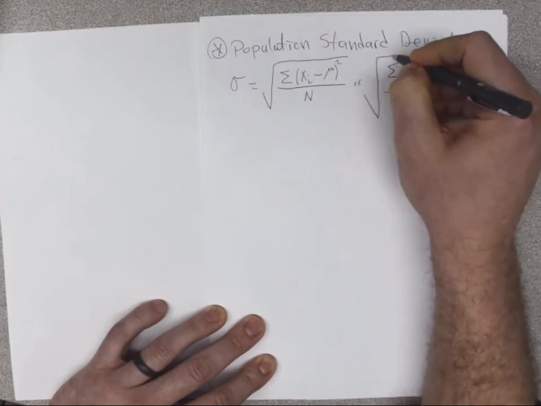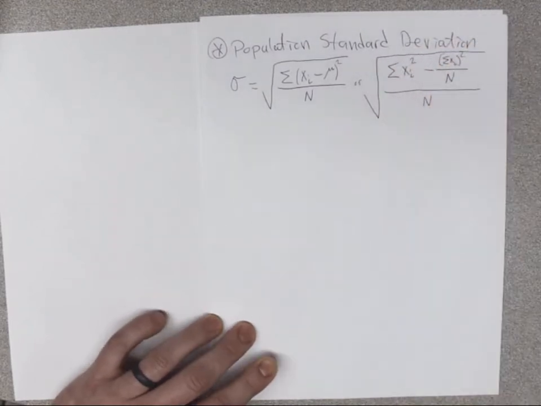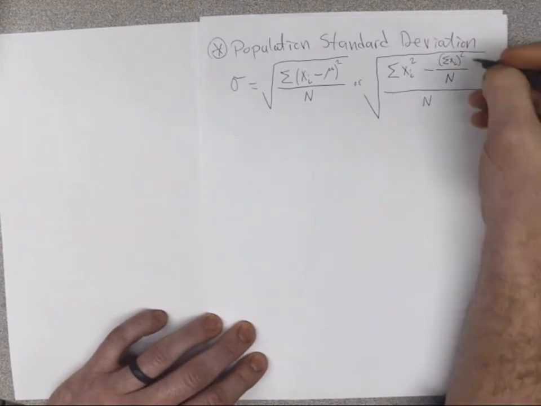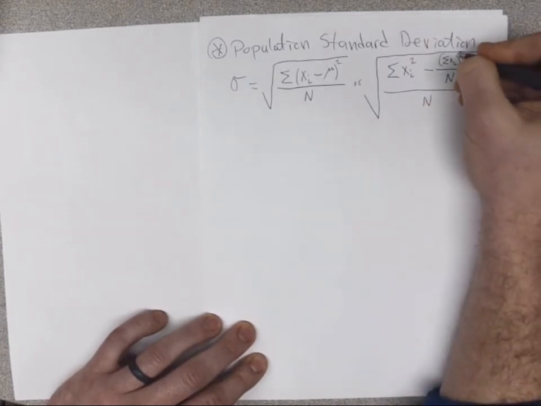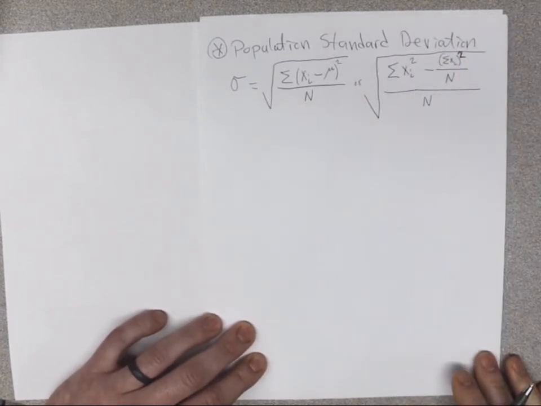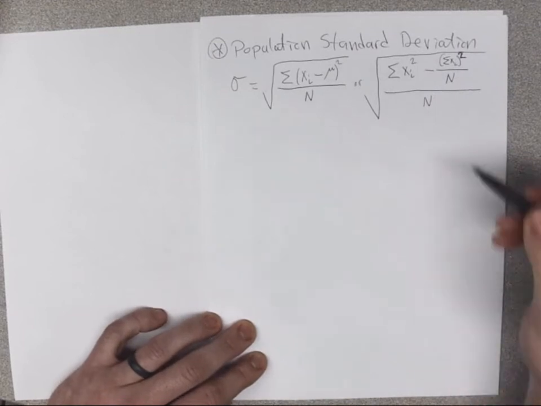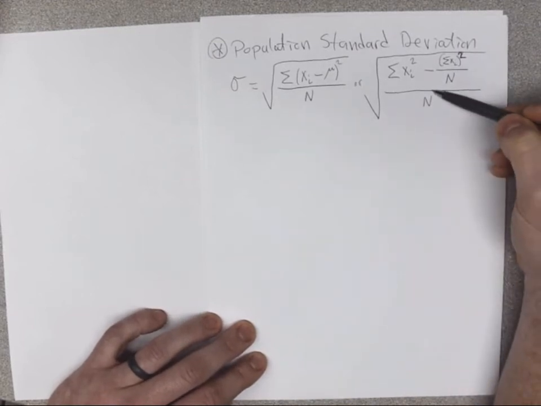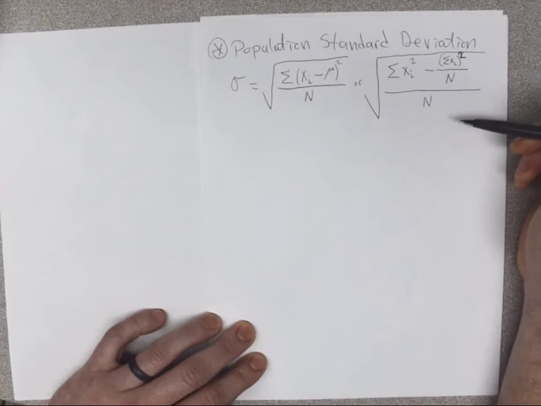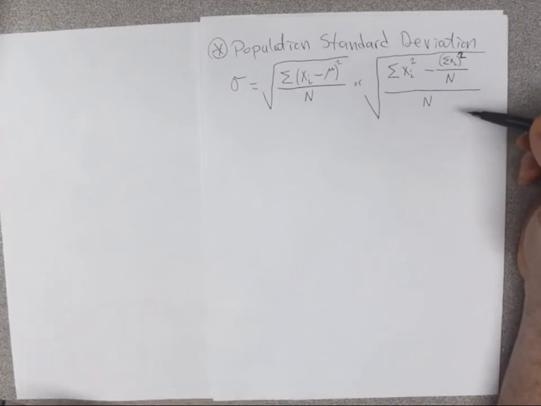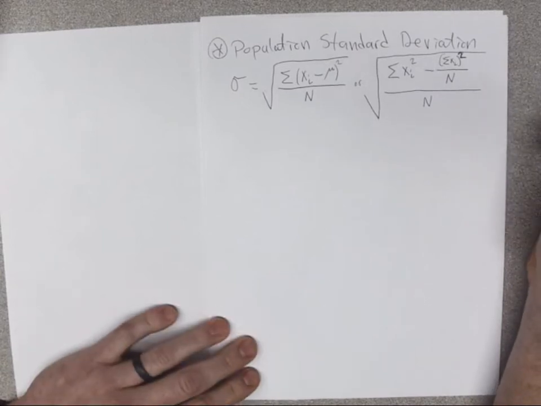And then all of this is square rooted. And it seems like a lot, and it is, but once you do a couple examples, you see that this really isn't such a bad or long formula. So we're going to do one example, I'm going to show you the computational formula, and then a subsequent video will show you how to use this in a calculator.